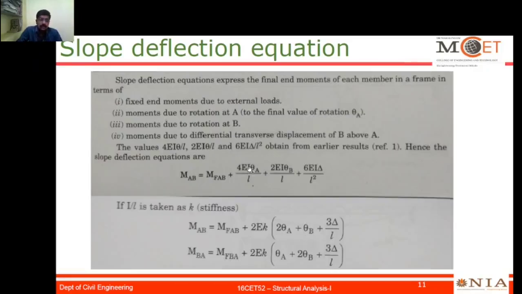If I take I by L as the stiffness K, because I by L is nothing but the stiffness K, we will substitute the value here.